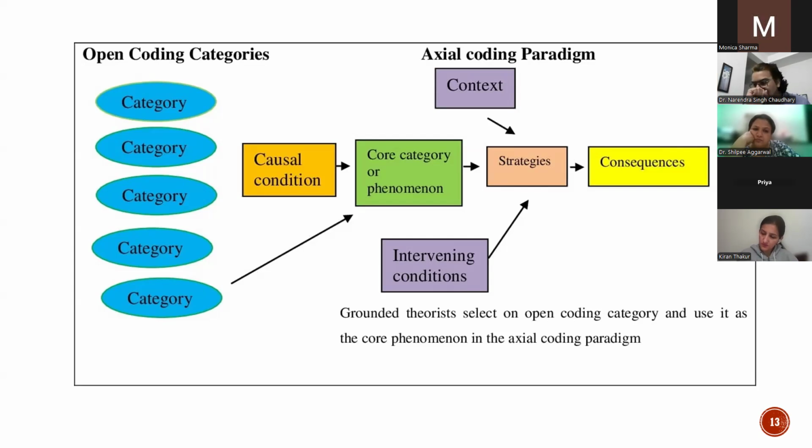For example, the theory of planned behavior: how people make a decision and how people apply their rationale or logic. So there are two ways. If I don't want to propose a particular theory, then I might be testing an existing theory in my qualitative research.